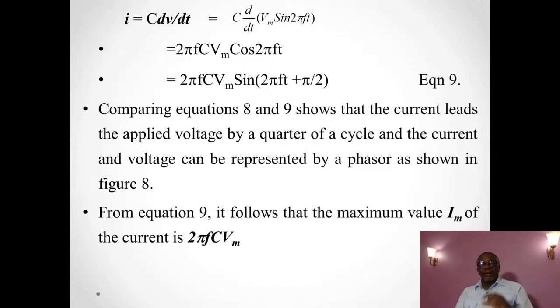So if we compare equations 8 and 9, it shows us that the current leads the applied voltage by a quarter of a cycle. And the current and voltage can be represented by a phasor as shown in Fig 8. From equation 9, it follows that the maximum value of I passing through a capacitive circuit is 2 pi FCVm.